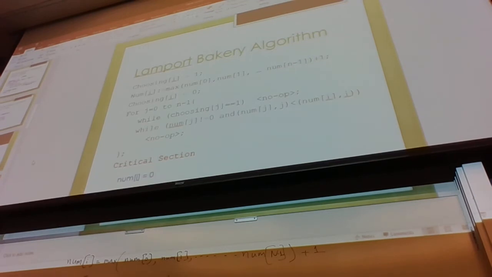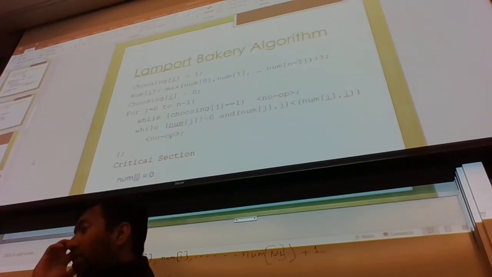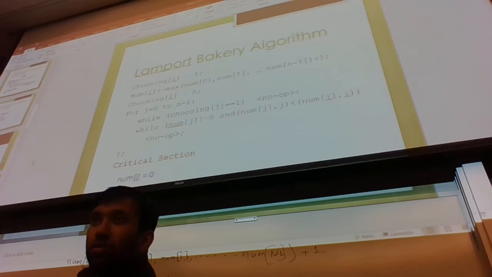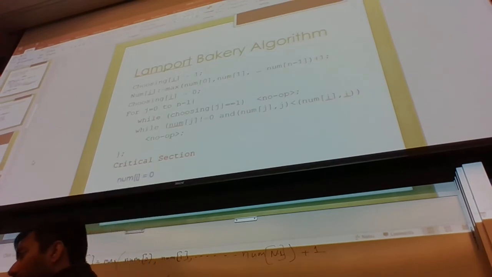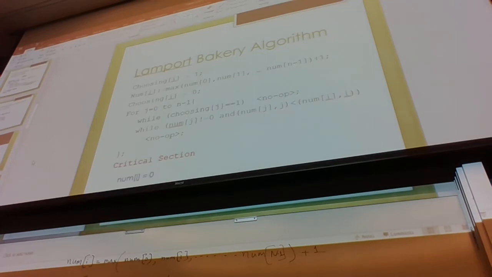Before we go any further, so what is this first line doing? Yes. So conceptually, what is it doing? So nouns, as we saw last class, can be regarded as tokens, right? So you go to a doctor's office, you pull up a token, and whoever comes after you gets a number that is higher than you.